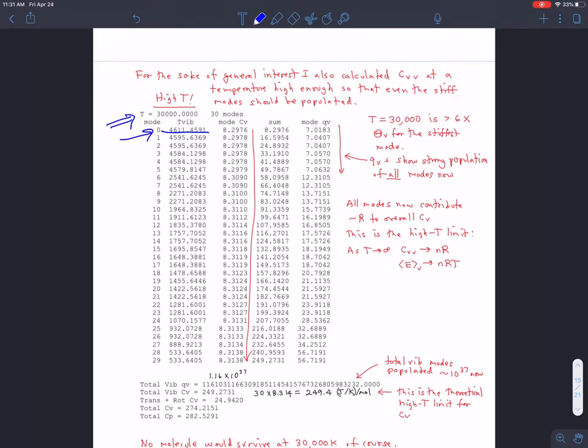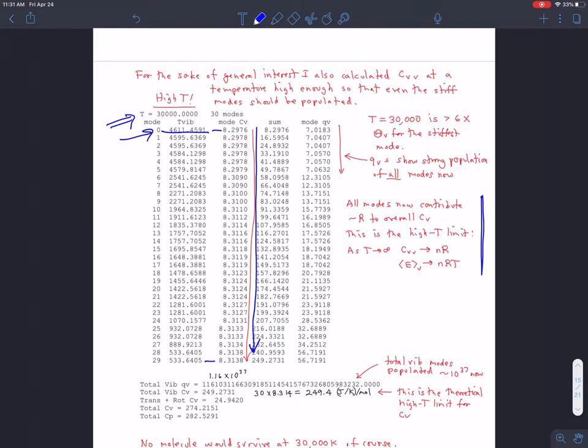And in that case, you can see that now the vibrational contributions from all modes are almost identical. It's 8.3 for the stiffest mode and 8.31 for the softest mode. And what that means is that we're now in the high temperature limit for all of the modes.